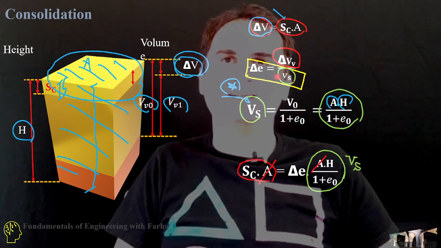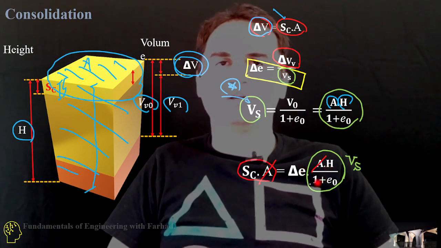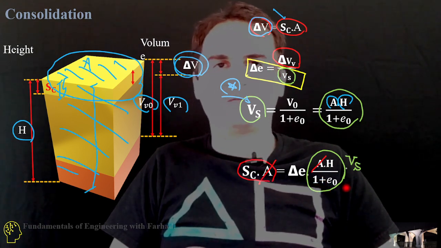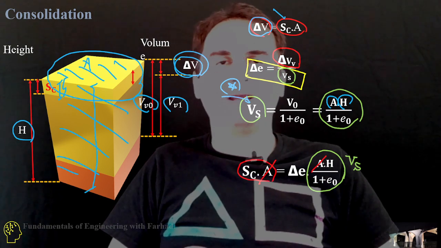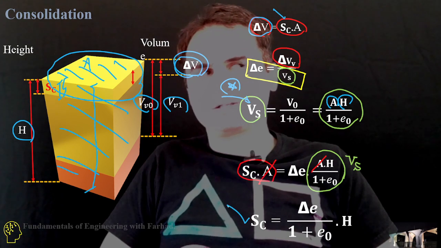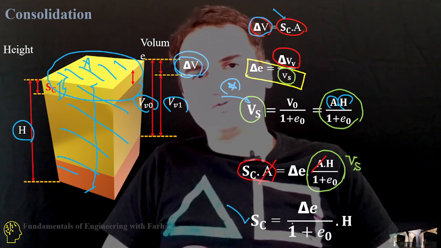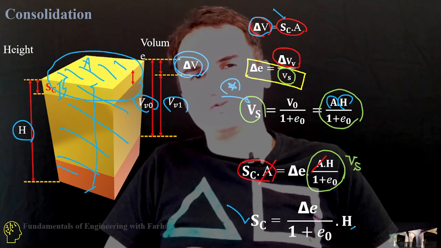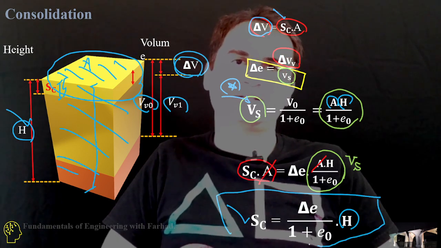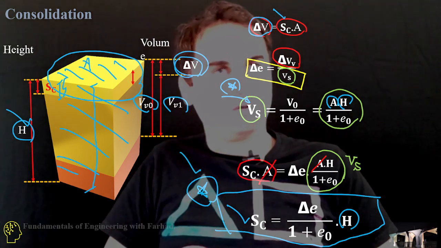So that's delta e times A times H over 1 plus e naught, which is the volume of solids. If you cancel out A from both sides, it gives you SC, the consolidation settlement, equal to the change in void ratio over 1 plus the initial void ratio times the total height of the soil. This is the main equation for soil consolidation.